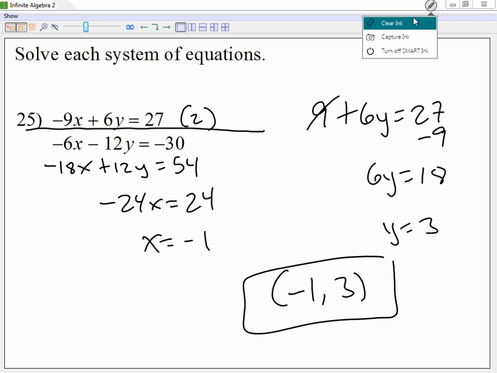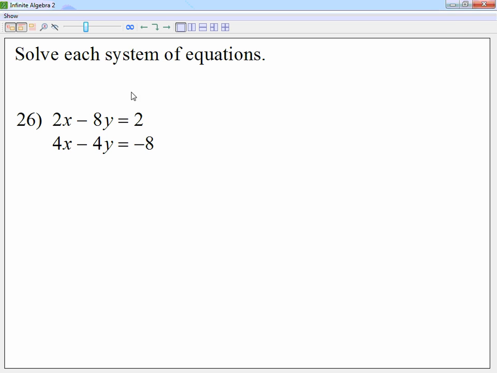Let me do one more example. Let's take a look at number 26. If I want to cancel the x's, I can make the top one a 4. If I want to cancel the y's, I can make the bottom one an 8. Let me multiply the top one by negative 2, actually, because I want them to be different signs. So multiply everything by negative 2.